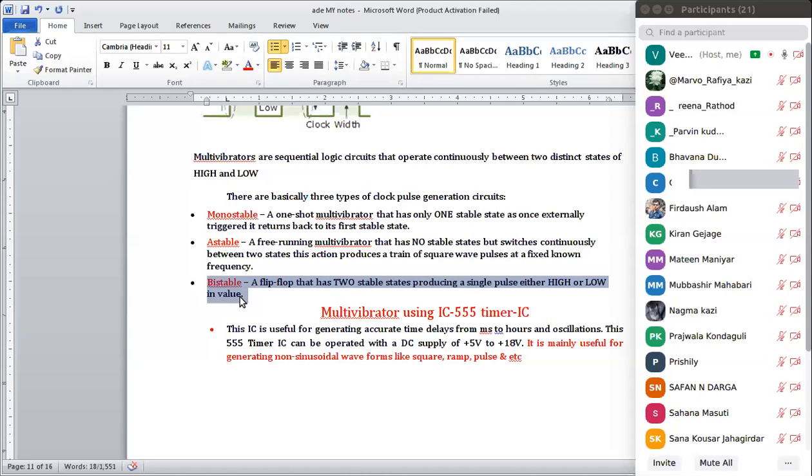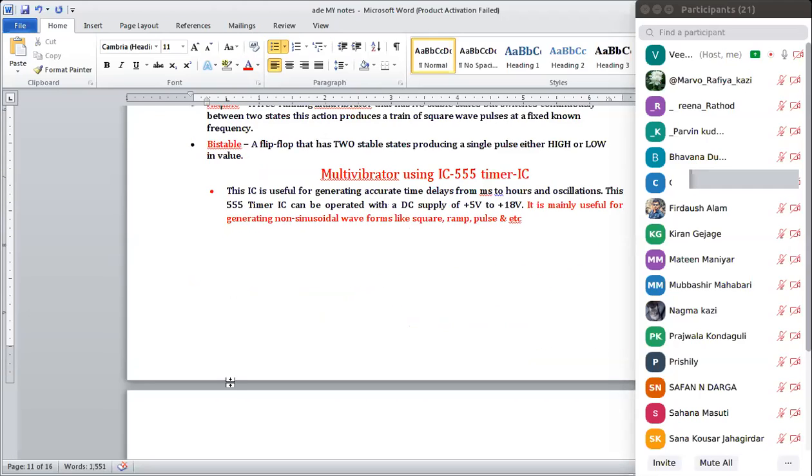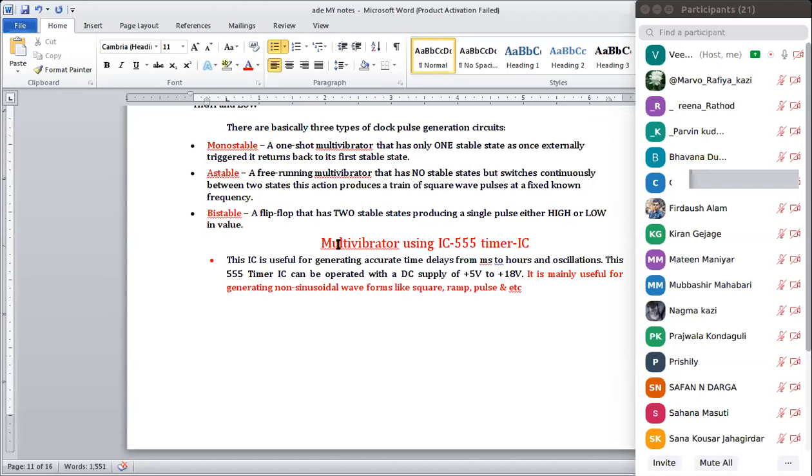Bistable is not there. We will see just monostable and astable here. Basically, this IC is useful to generate accurate time delays, from milliseconds to hours, and it is also used for oscillation purposes.